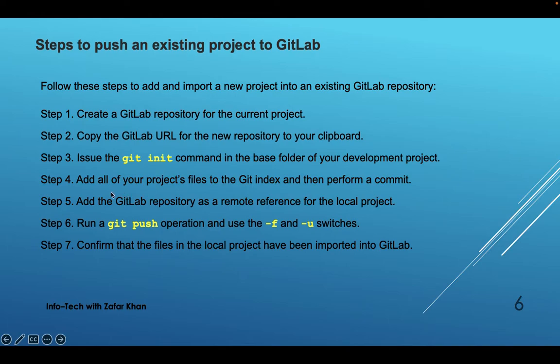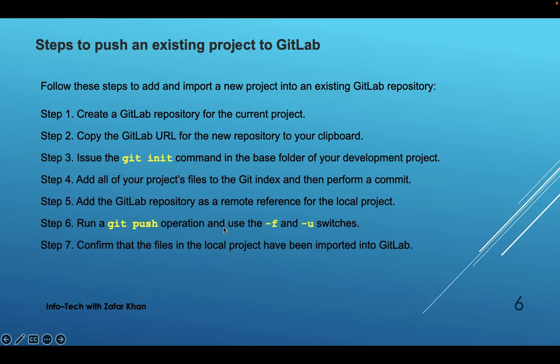After that you can create a file and add it, and add means placing it into the staging area. The staging area is also called the git index. Once it is placed, finally you can commit it. Once it is committed, connect the local repository to the remote repository which you have already copied. And once it is connected, then push it.